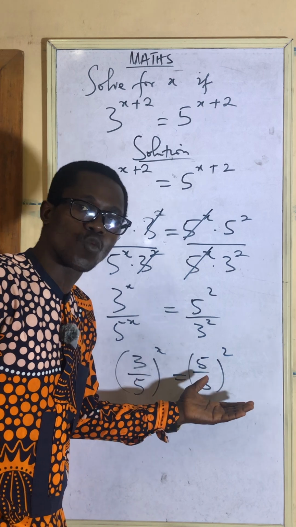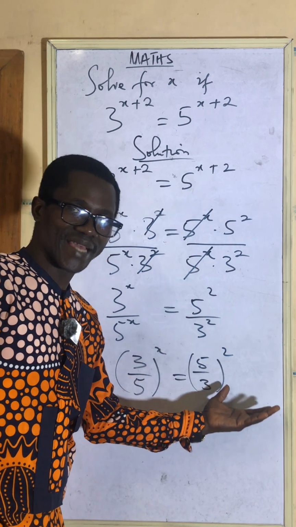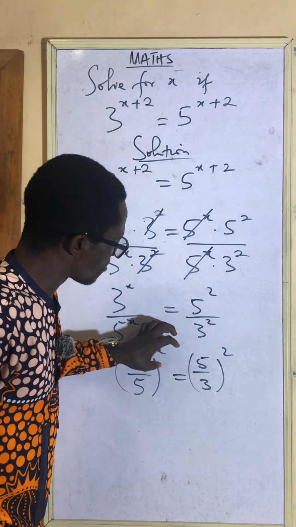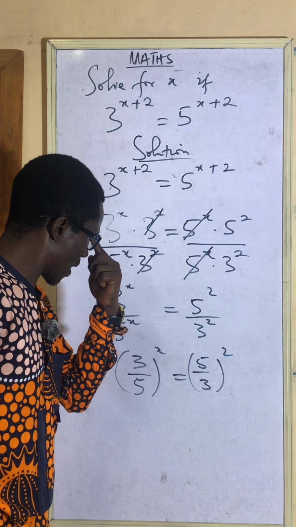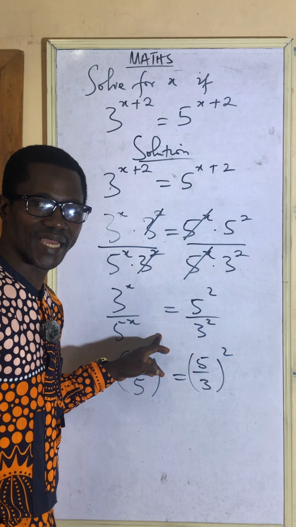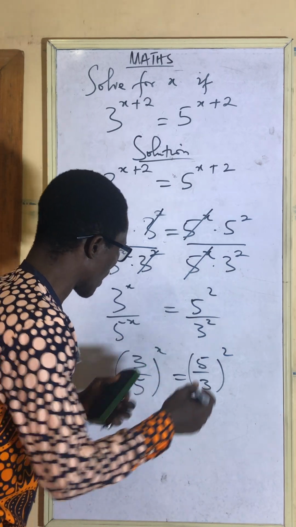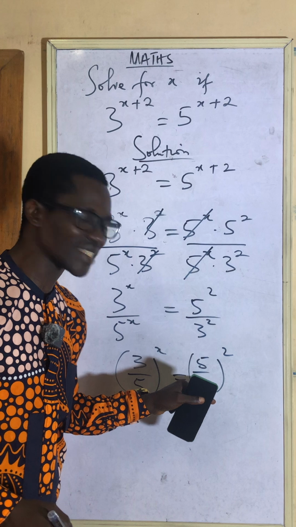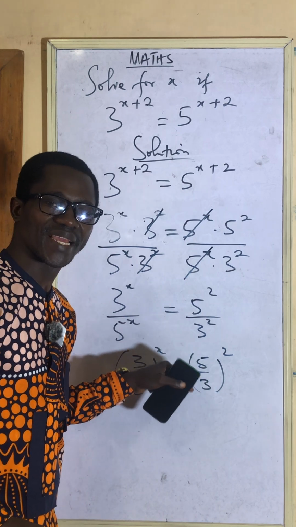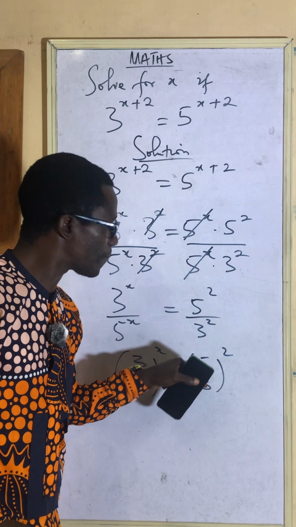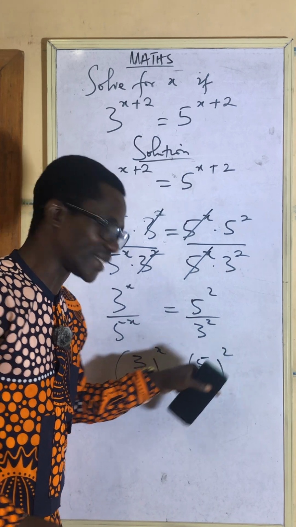But I would prefer to work on my right hand side because I don't want to disturb whatever I have as the exponent here, which is x on my left hand side. And so I am going to take the inverse of the base that I have on my right hand side so that the power will become negative.